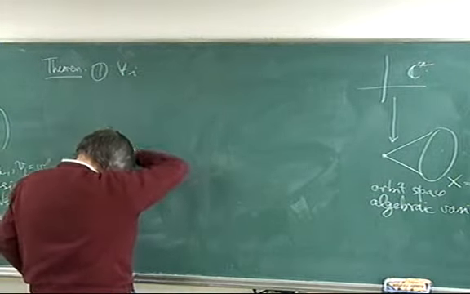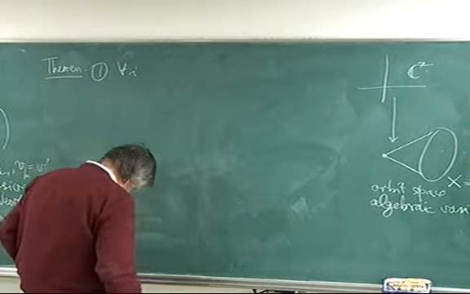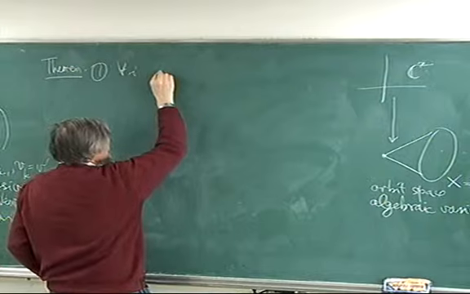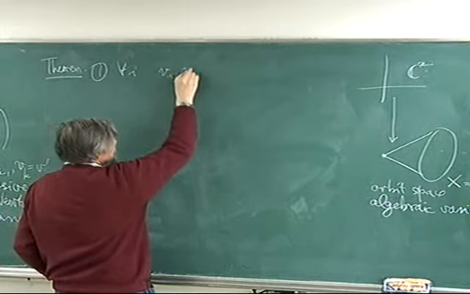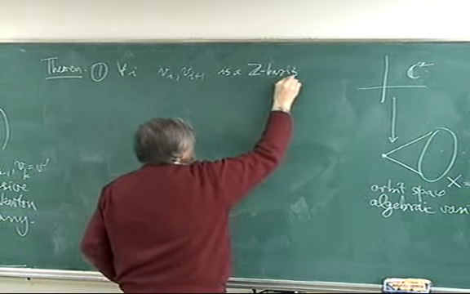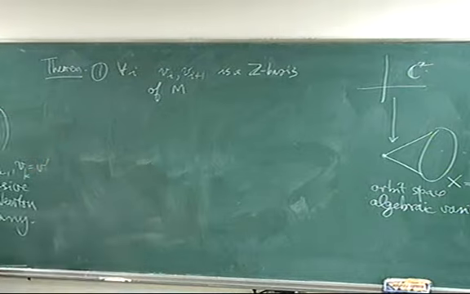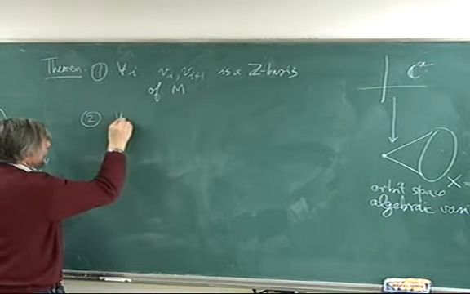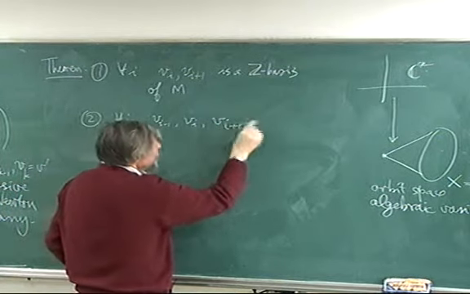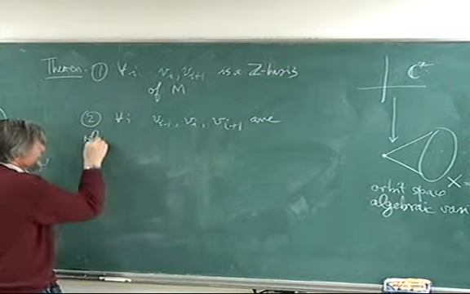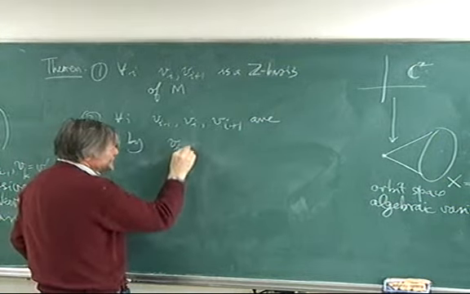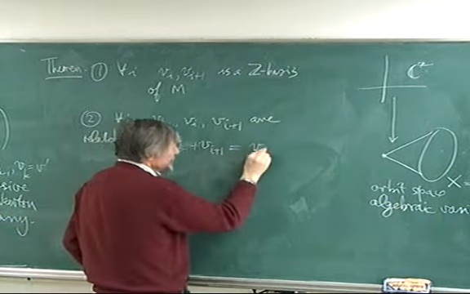For all i, if I take vector vi and vector vi plus 1, is a Z basis of M. Statement 2, for all i, if I consider vi minus 1 and vi plus 1, these are related by vi minus 1 plus vi plus 1 equals ai times vi.